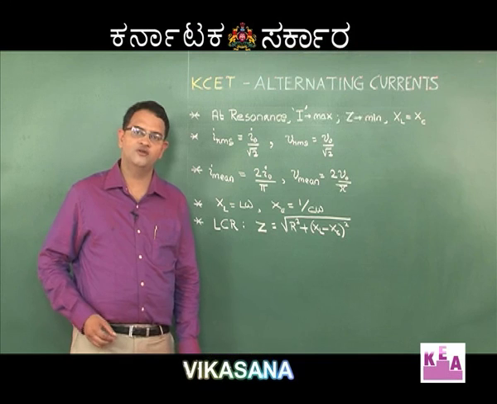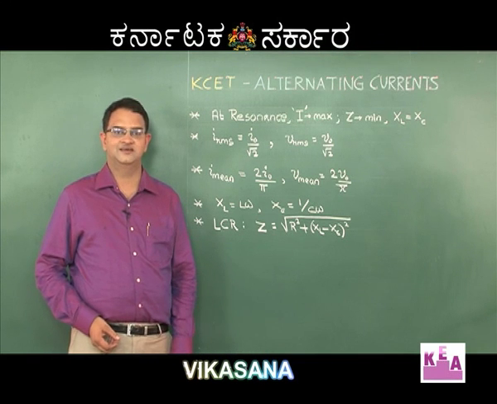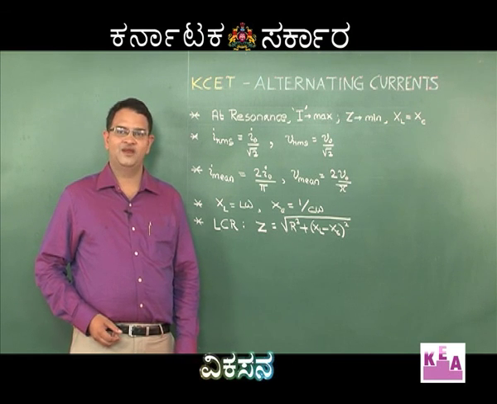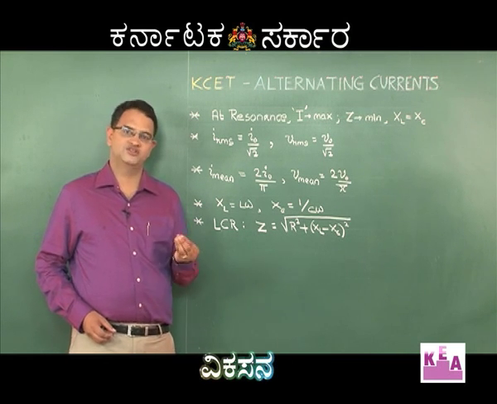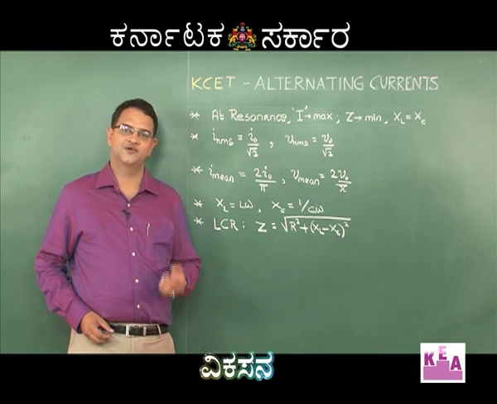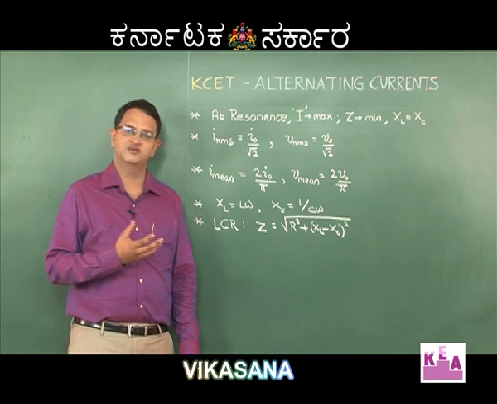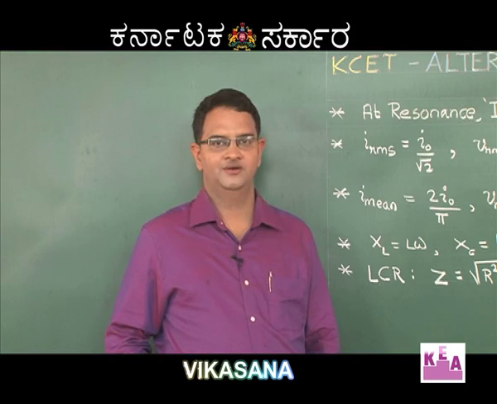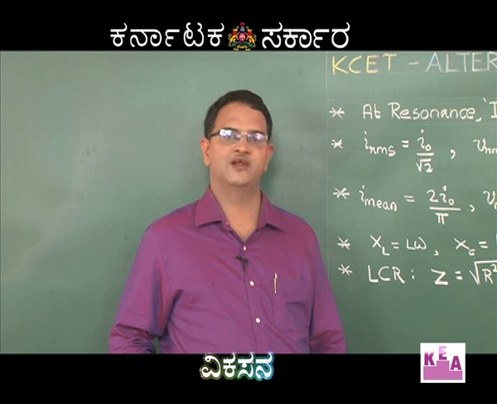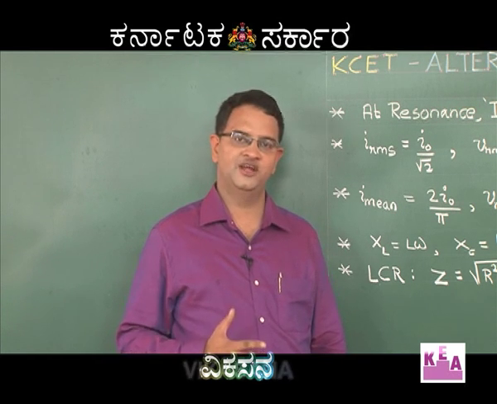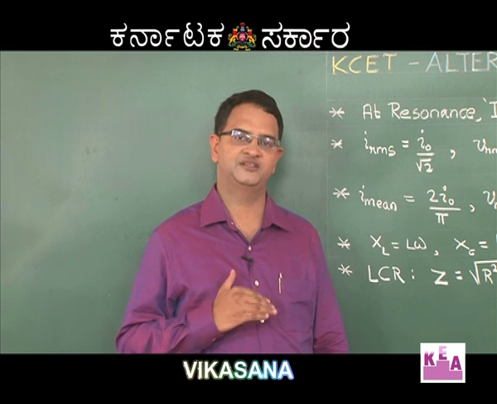The next important concept that we have in alternating currents is the behavior of the current when an AC voltage source is connected to a resistor or an inductor or a capacitor. Now, when we connect it to a resistor alone, you have a voltage source and a resistor alone, then we will be able to observe that the voltage and the current are going to be exactly in phase.